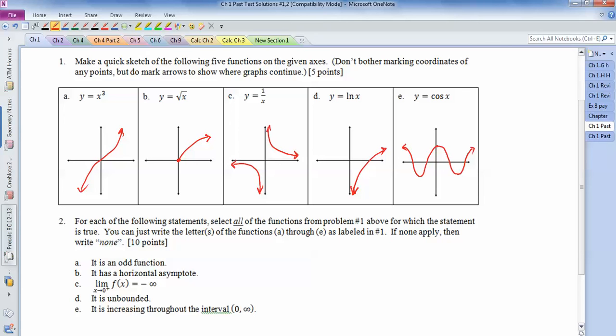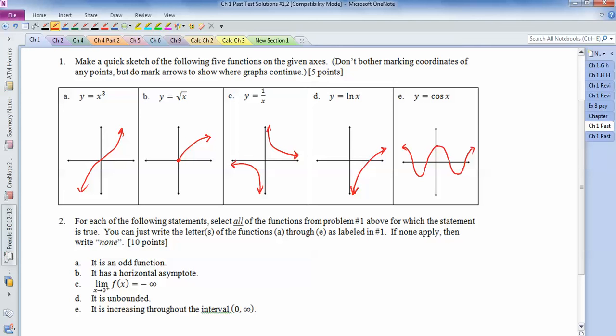And then in number 2, you're supposed to select everything from problem 1 that the following statements are true for. So of the 5 functions up above, which ones are odd? Remember, odd means symmetry around the origin, or if you plug in a negative x, you get the negative of the original function.